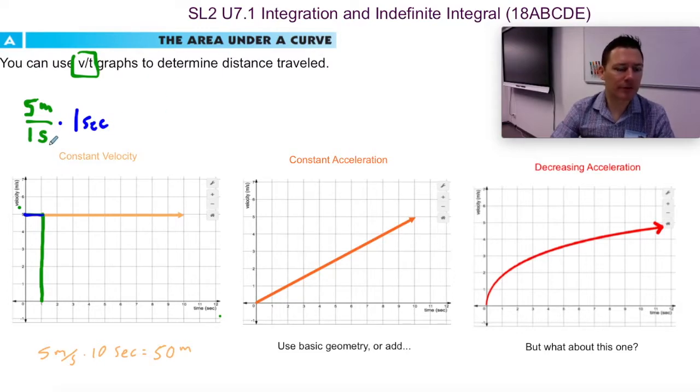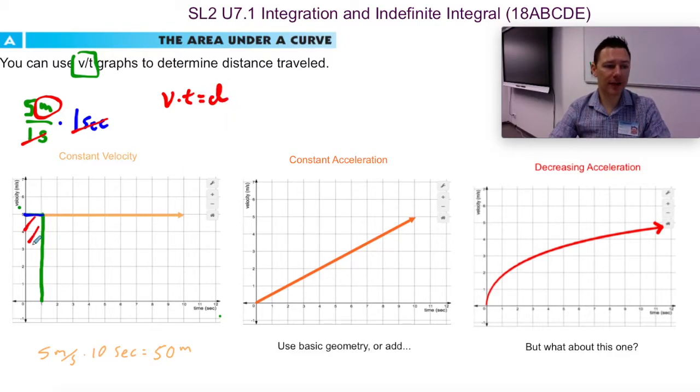You chem nerds, the seconds and seconds cancel, and you're left with just the distance. Because velocity times time should give you distance, physics nerds. So this area is the distance that it's traveled. It's traveled 5 meters in that time.